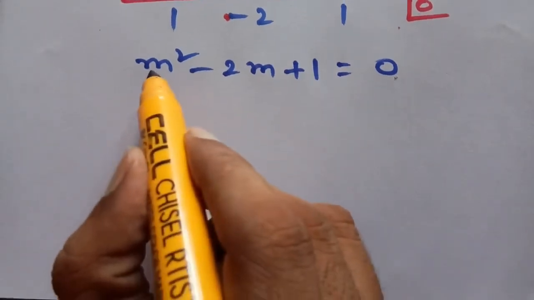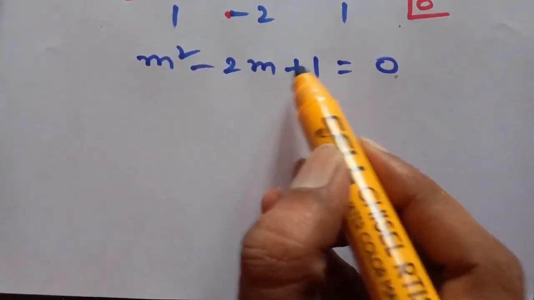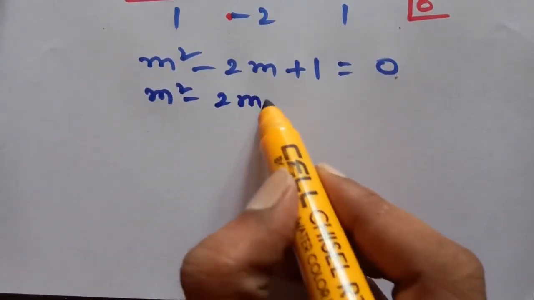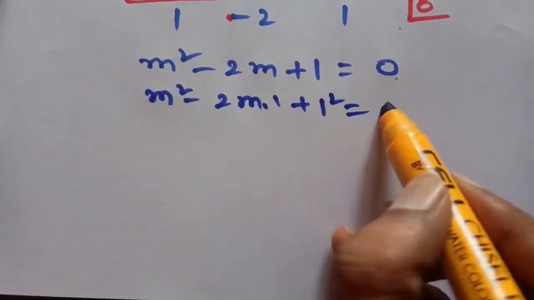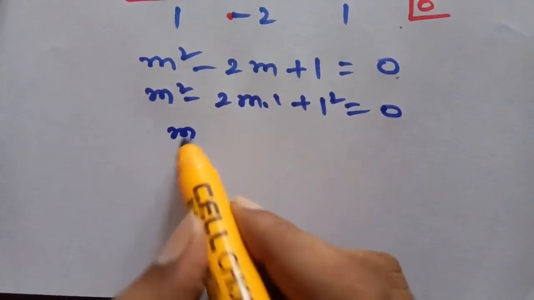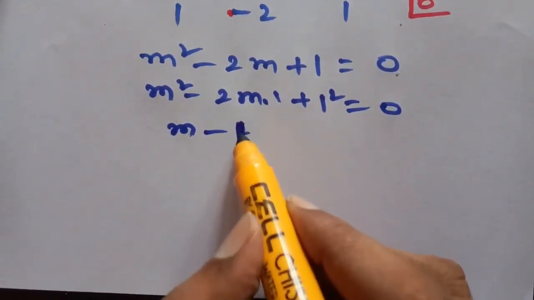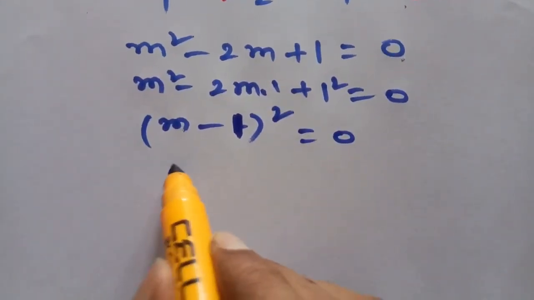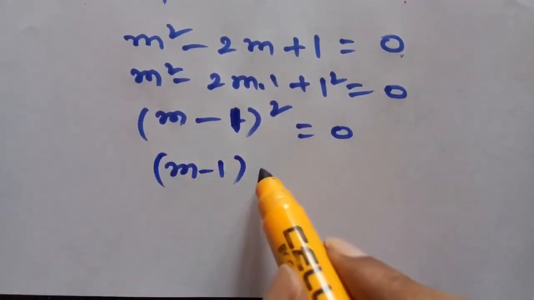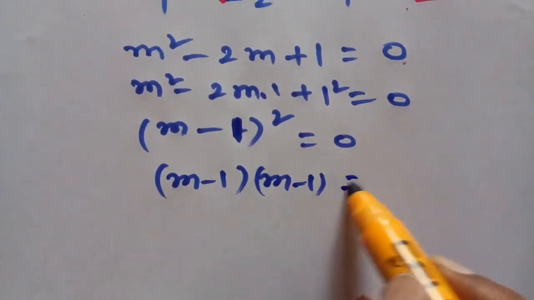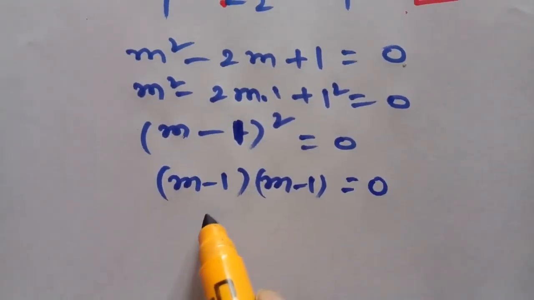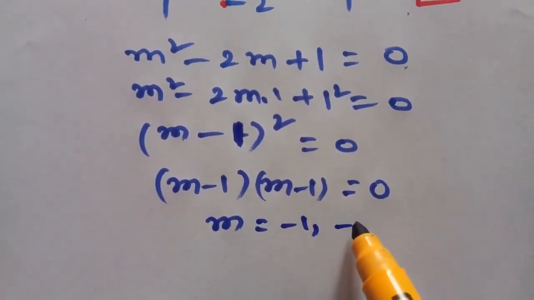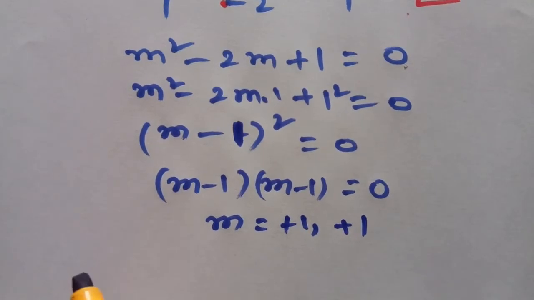Therefore, this is a square minus 2ab plus b square model. So m square minus 2 into m into 1 plus 1 square equal to 0. m minus 1 whole square equal to 0. Therefore, m minus 1 into m minus 1 is equal to 0. Therefore, m is equal to minus 1, plus 1, plus 1.